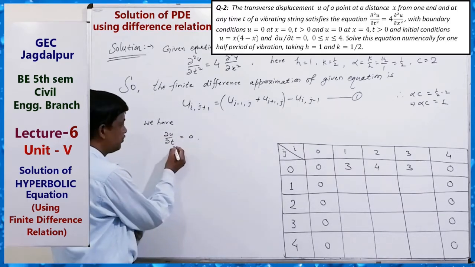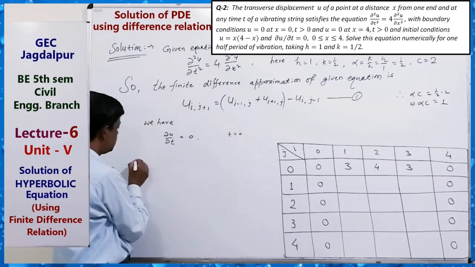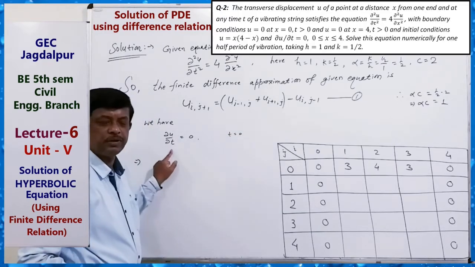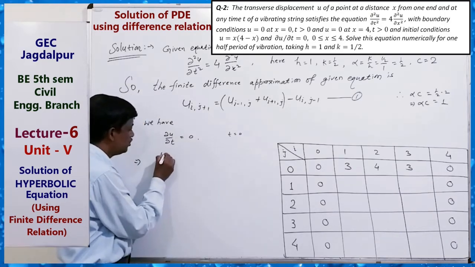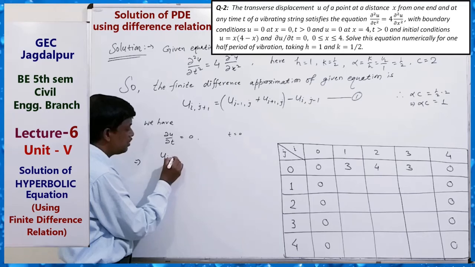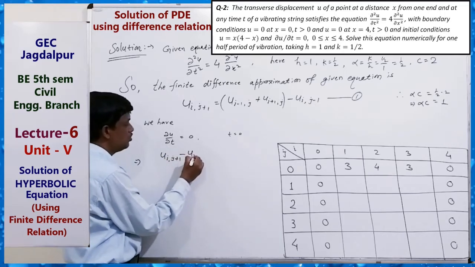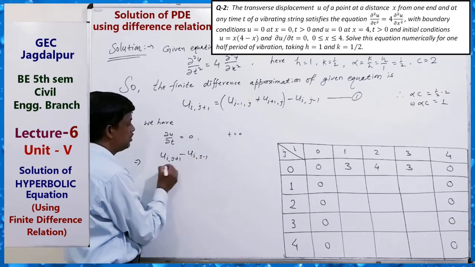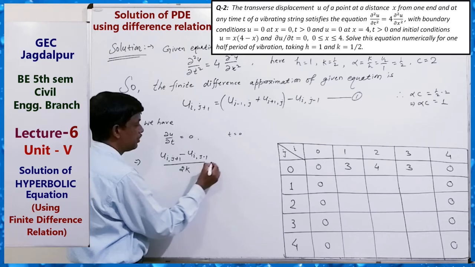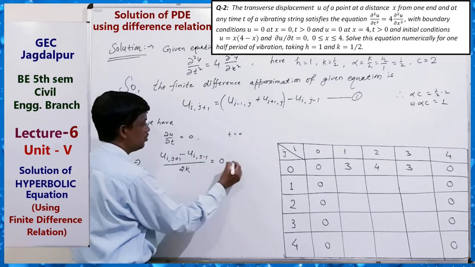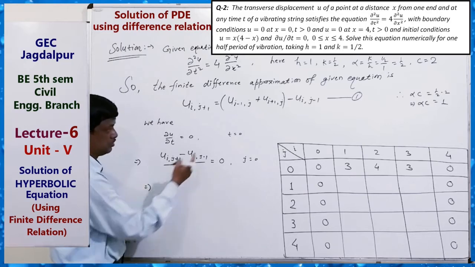Here the initial condition, that's all, t equals 0. That is, we approximate it by central difference. So (u_i,j+1 minus u_i,j-1) upon 2k is equal to 0, j equals 0. So here t equals 0.